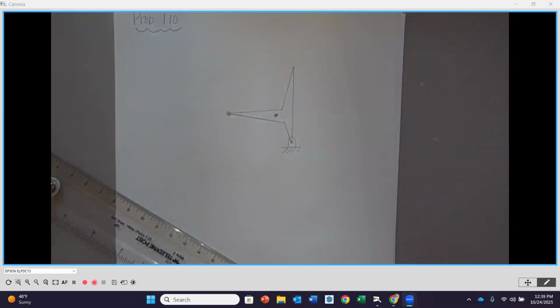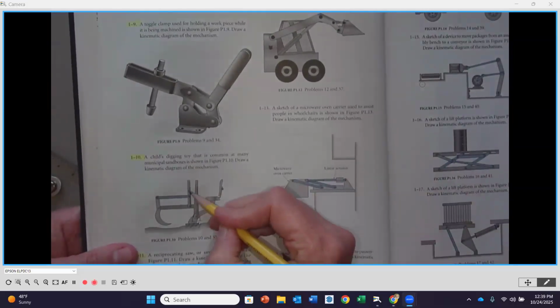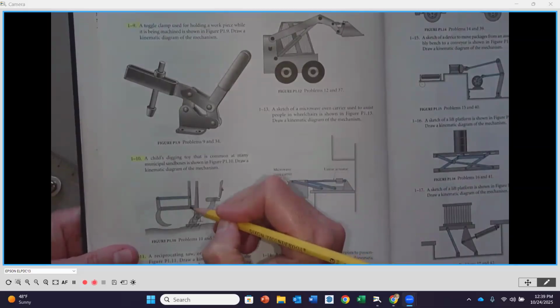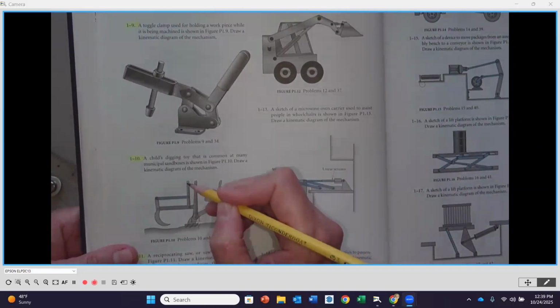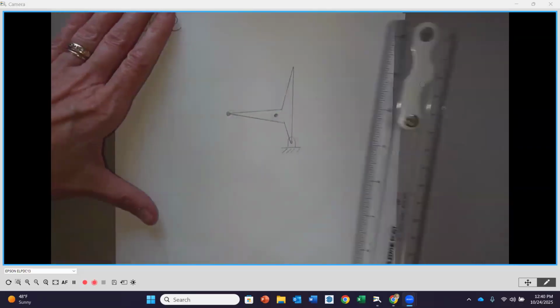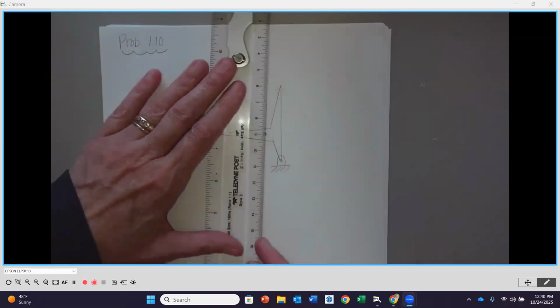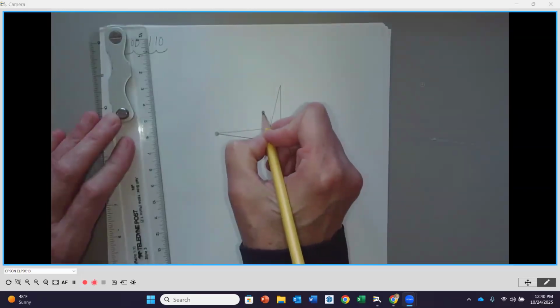All right. Now, the next part that I'm going to add is the second handle, which is right here. On that handle, there's going to be a pin connection to that part that I just created, and then another pin connection about a third of the way up, and then it has a handle going up a little ways too. So here we have, going straight up, another pin connection right about here.